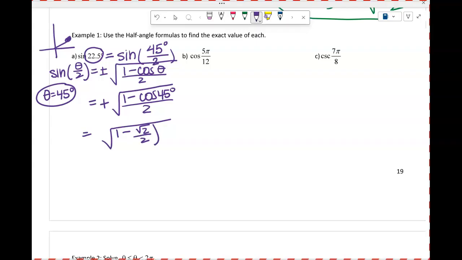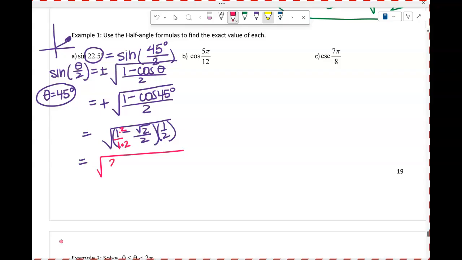Dividing by 2 is the same as multiplying by a half. So the lowest common denominator is going to be 2. So we multiply top and bottom by 2. Somehow my computer is not letting me change the pen, so we'll just keep it the same pen.